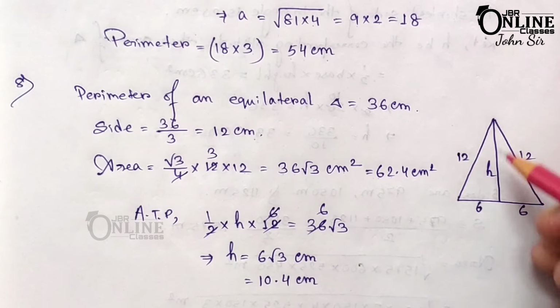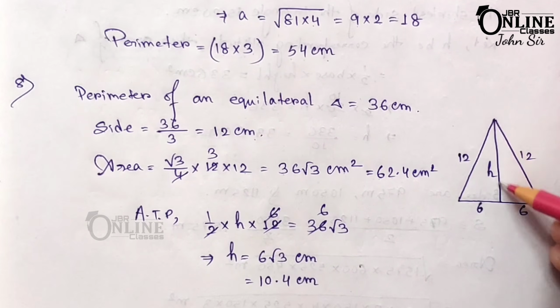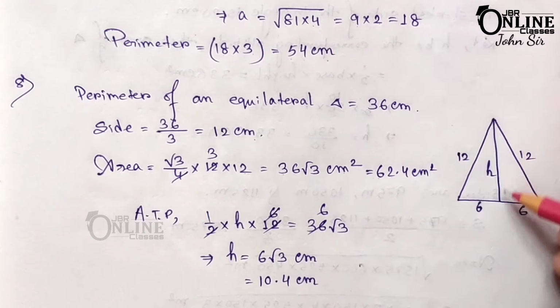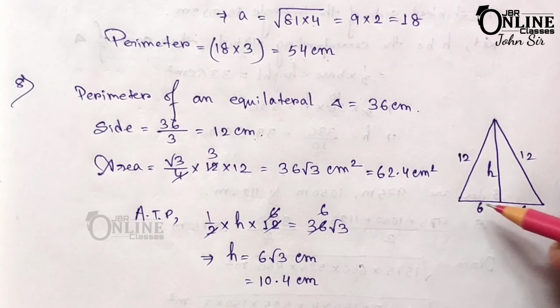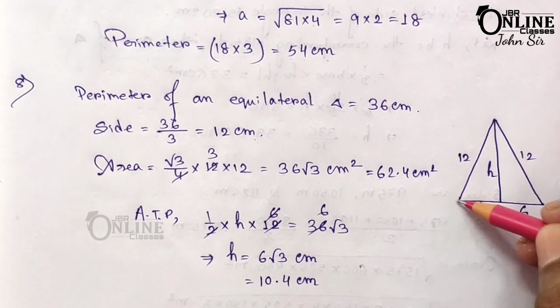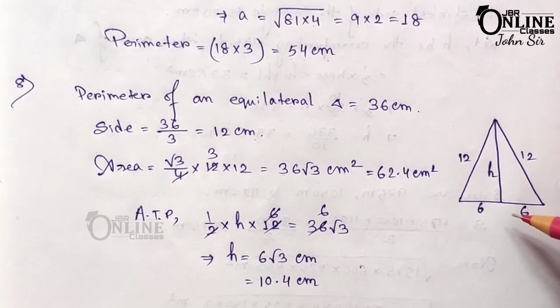Now you have to find out the height of this triangle. If you draw a height from the upper vertex to the base, then this height will divide the base into two parts. Here will be the base, and the length of the base equals 12 centimeter.